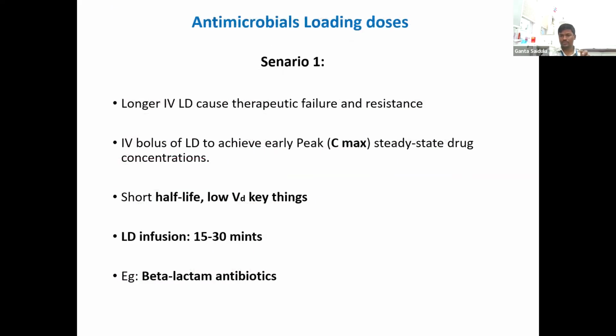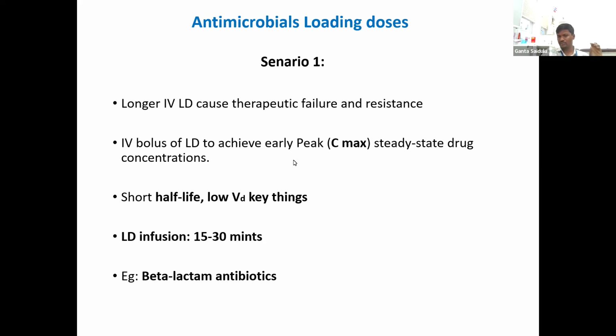Next, some scenarios of loading doses. Longer loading doses can cause therapeutic failure. If you give longer infusions of a beta-lactam antibiotic, like 1-hour, 2-hour or 3-hour infusions, we cannot achieve the Cmax. It can lead to therapeutic failure and resistance development. So an IV bolus of the loading dose helps achieve an early Cmax.